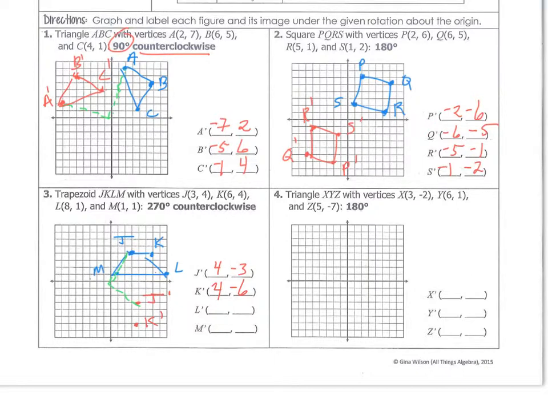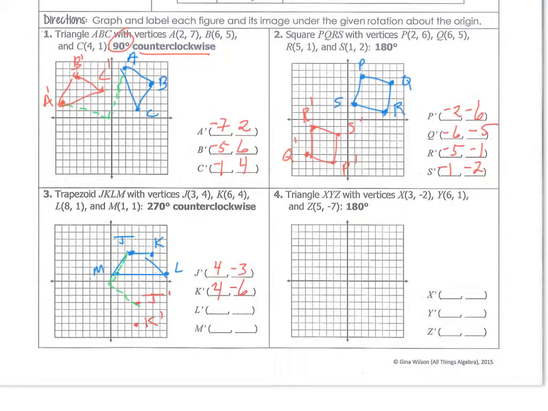And then talk about L prime and M prime in your table groups. What are those going to be? All right, so stop. What is L prime going to be?